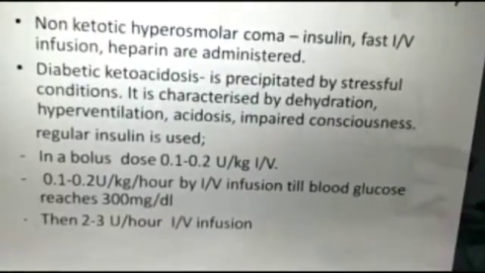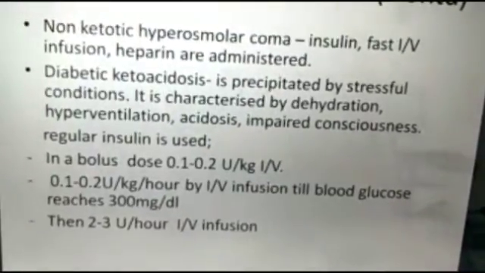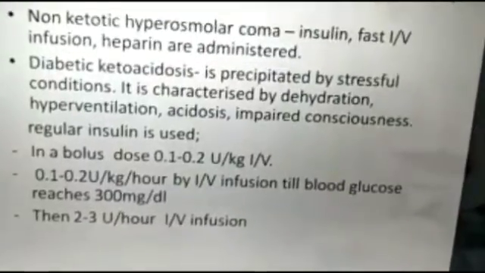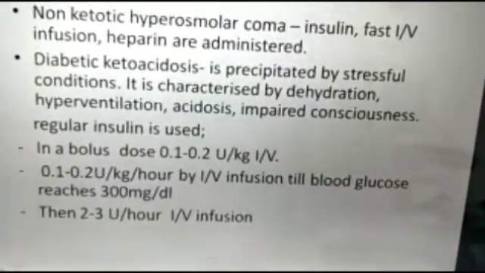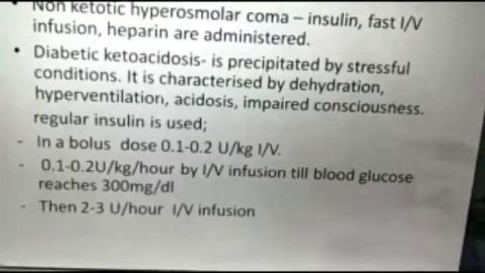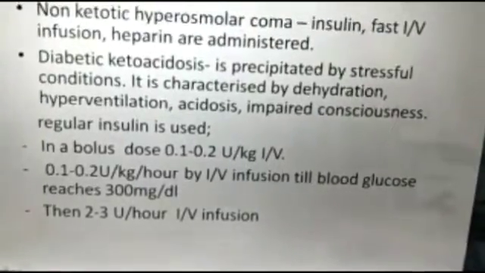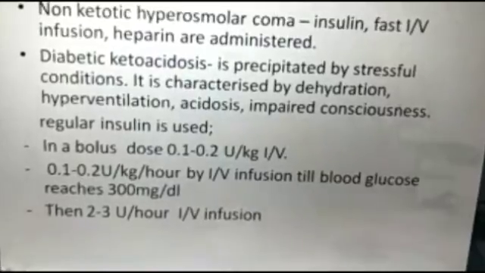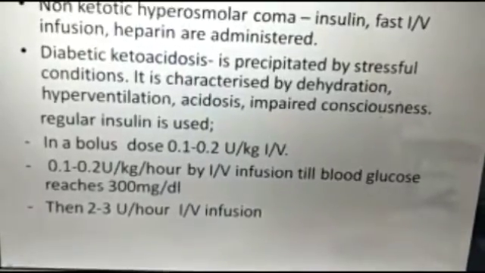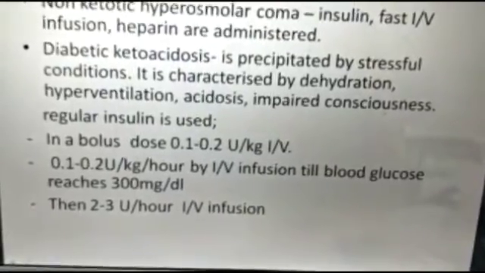Another very important condition which can be life-threatening if not managed properly is diabetic ketoacidosis. This condition is precipitated by stressful conditions. There is dehydration, hyperventilation, acidosis, and impaired consciousness.